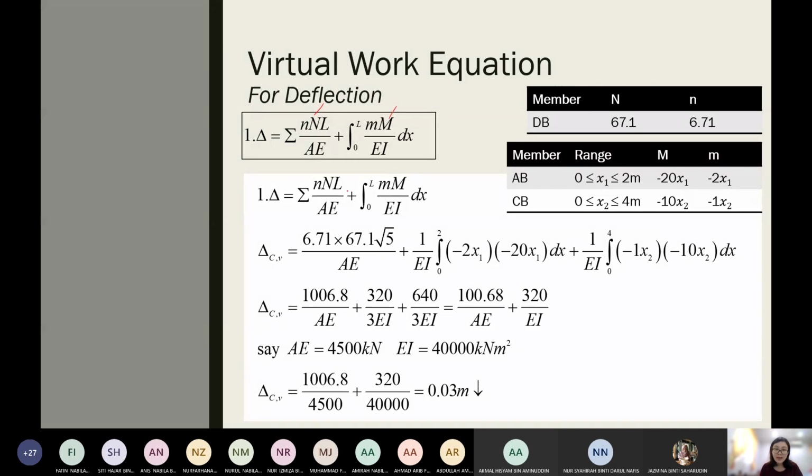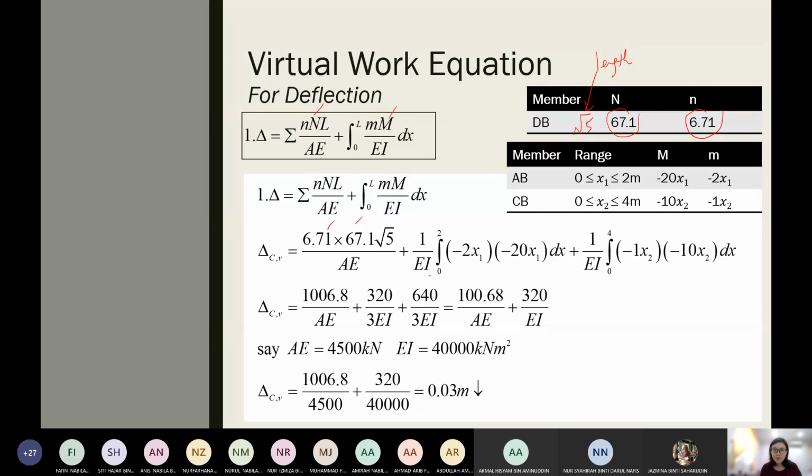For nNL over AE, you take this N, and you put it in, and the length for dB is this, over AE. So you solve for this effect due to the rod.